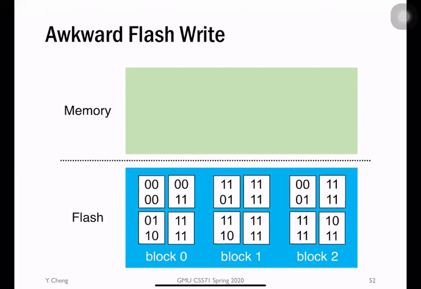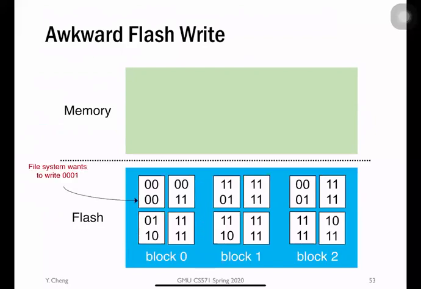It has 2 different levels of storage. The top level is the memory, and the bottom level is flash. In this case, we have 3 different flash blocks, and each flash block holds a total of 4 flash pages: page 0, page 1, page 2, page 3. The same thing for block 1 and block 2.